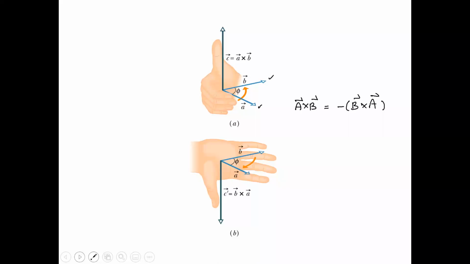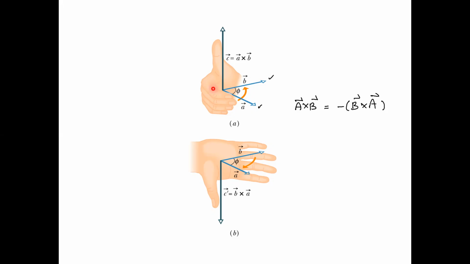So here's the picture of the right-hand rule. You see that in the first one, vector A is this way and vector B is this way. So you point your four fingers towards A and make a fist by rolling it up to B. Now stick your thumb out and you see that the direction of the thumb is the direction of the cross product.